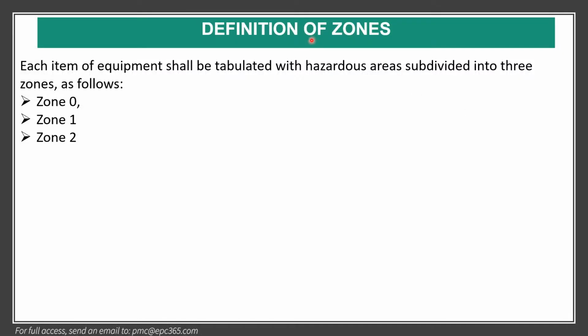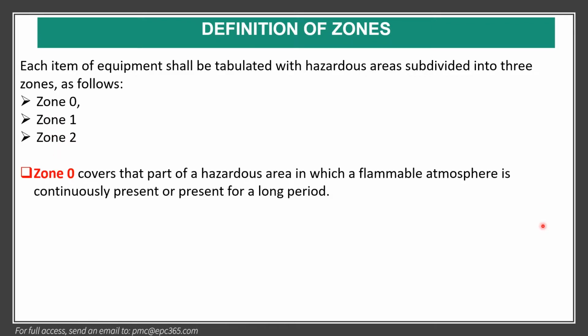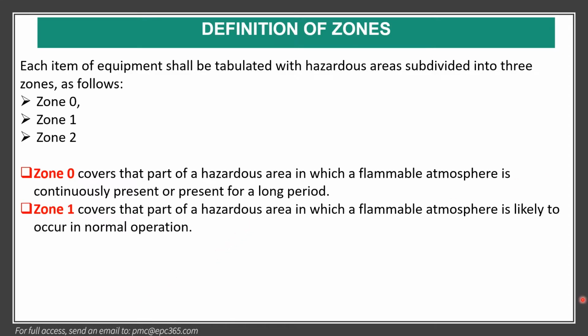Definitions of the zone. Normally, each item of equipment shall be tabulated with hazardous area subdivided into 3 zones: zone 0, zone 1, and zone 2. Zone 0 covers the part of hazardous area in which a flammable atmosphere is continuously present or present for a long period.